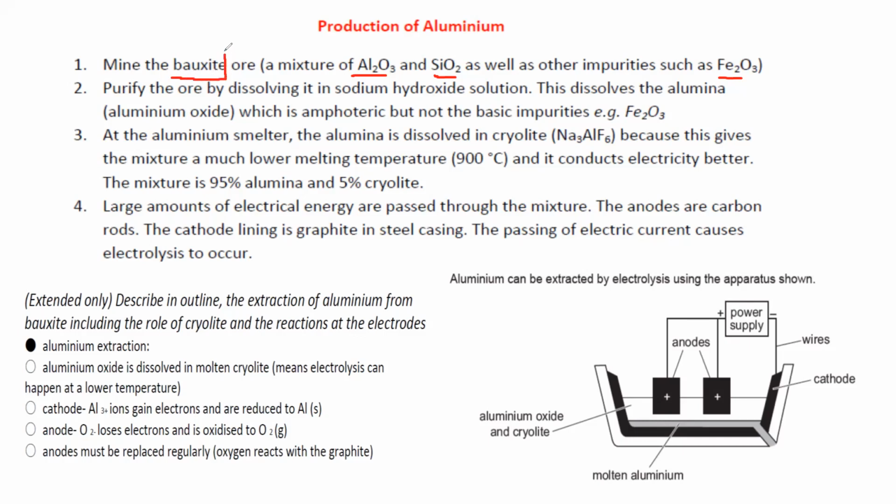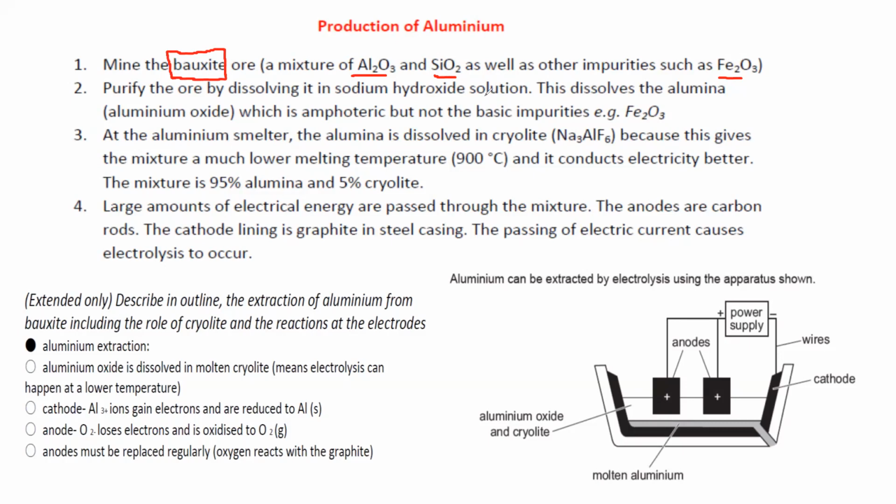The ore of aluminium, you have to learn this name. What is the name for the ore of aluminium? That's known as bauxite. So bauxite is basically the ore of aluminium, which is aluminium oxide containing traces of silicon oxide and iron oxide. So the first thing we have to do is remove the silicon oxide and iron oxide.